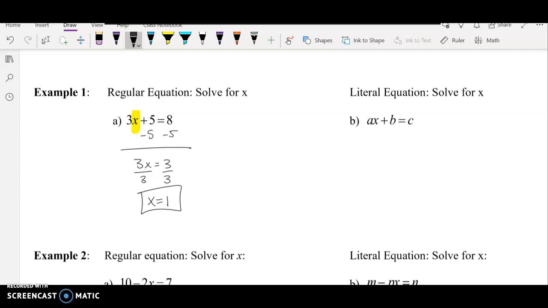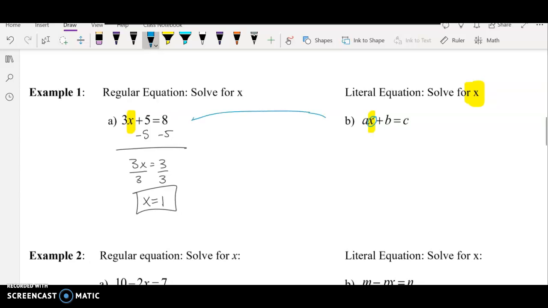Notice it's in the same format, but this one has ax plus b equals c and no numbers. The first thing is figuring out what you're solving for. We are solving for x, so we want to get this x by itself. To undo the things near it, imagine what we did over here to get that x by itself.